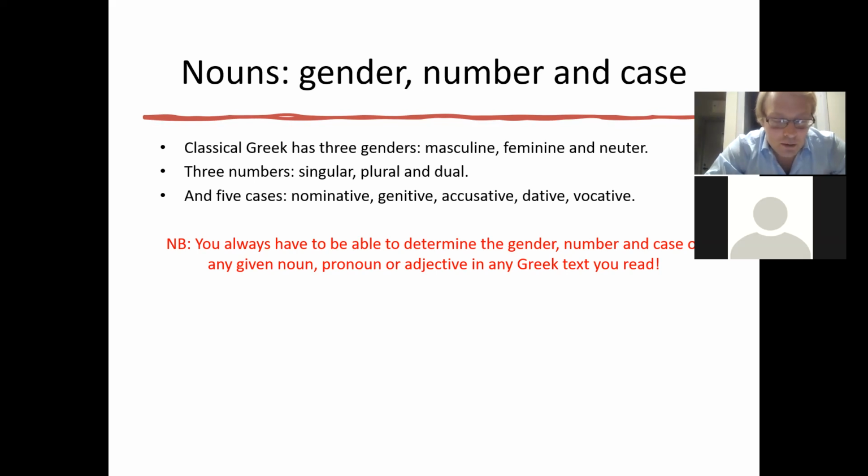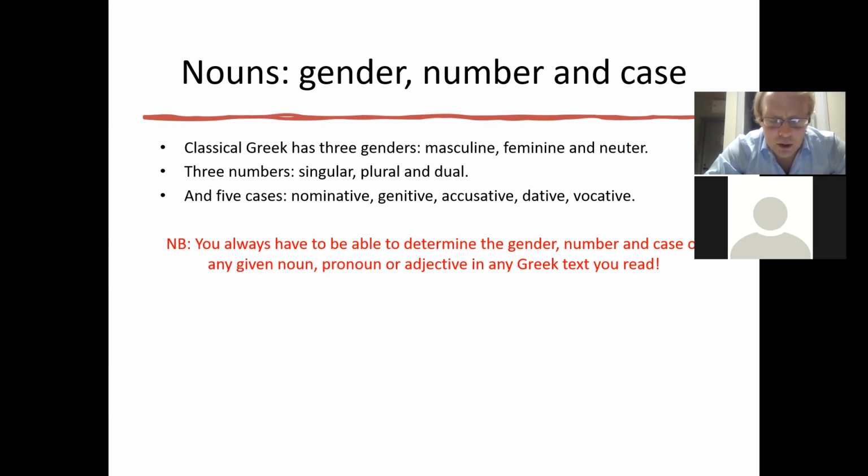Another thing we have to keep focus on whenever we deal with nouns, adjectives, or pronouns, and in this regard also verbs, is the number of the word in question. In classical Greek, there are three of these numeri. They are the singular, the plural, and the dual, expressing one, many, and two.